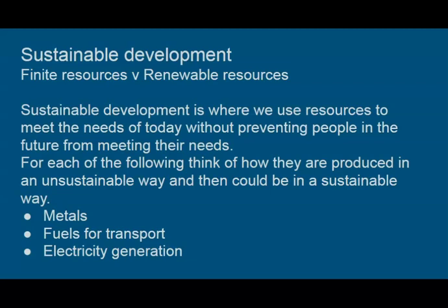There is a van that goes around to all the chip shops in Scarborough, there's a lot, that collects their waste oil and fat and actually goes to make that into biofuels. Electricity generation, we're using fossil fuels, and what we could use are the alternative sources of power that you look at in physics.